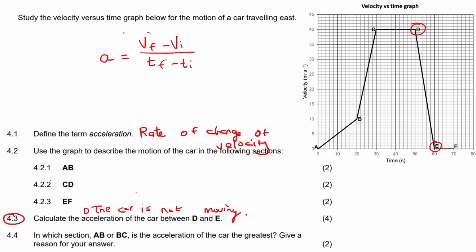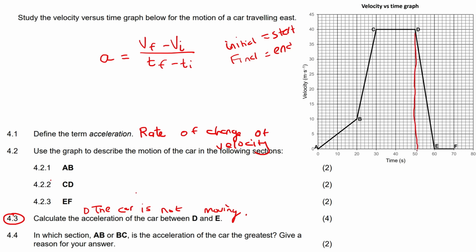This question over here says, calculate the acceleration between D and E. Now, remember, acceleration is this. So all that you do is you've got to think about this. Is D the initial or is E the initial? Well, remember that the initial is the start and the final is the end. So if you look at these two, which one's the end and which one's the start? Well, look at the time.